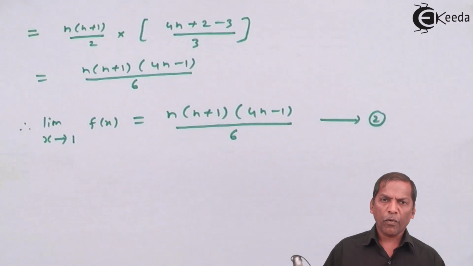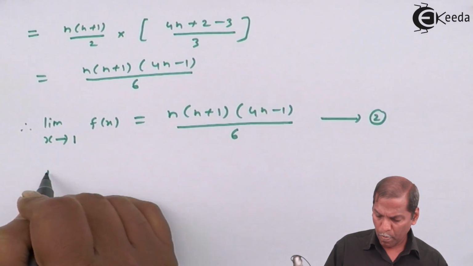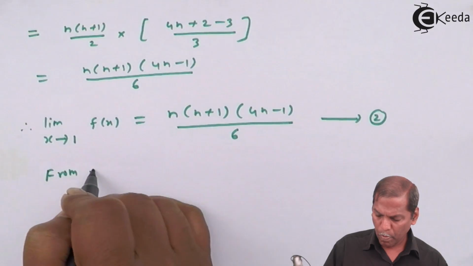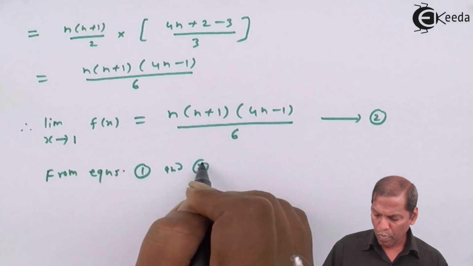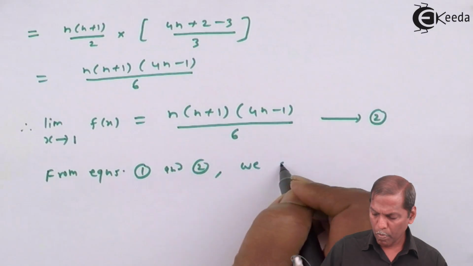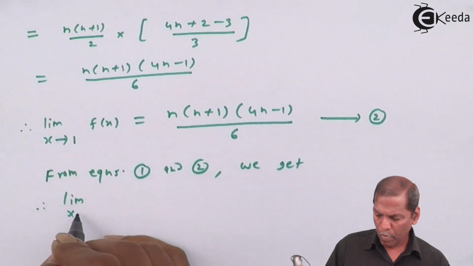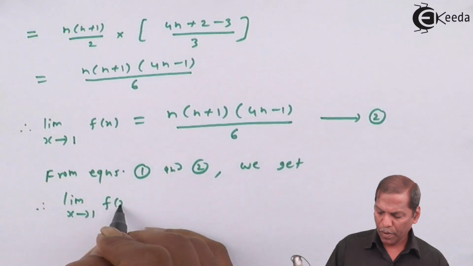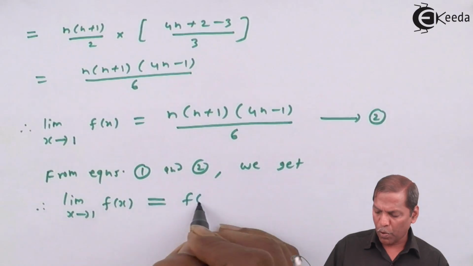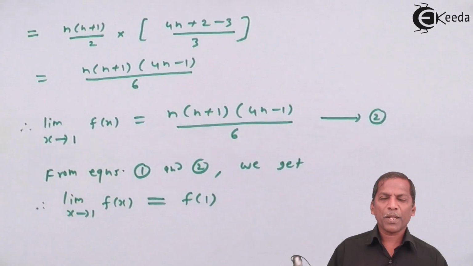So from equation 1 and 2 we conclude that limit x tends to 1 of f of x is equal to f of 1, and therefore f of x is continuous at x equal to 1.